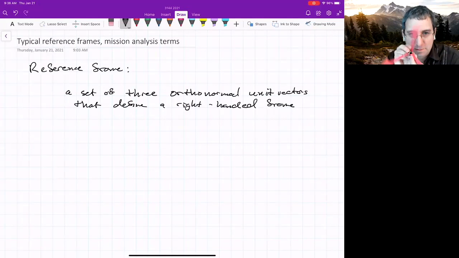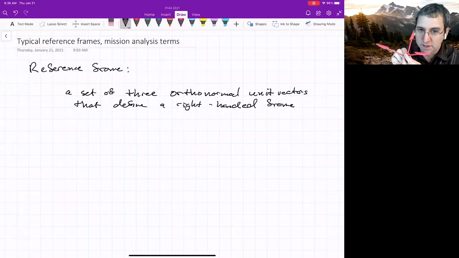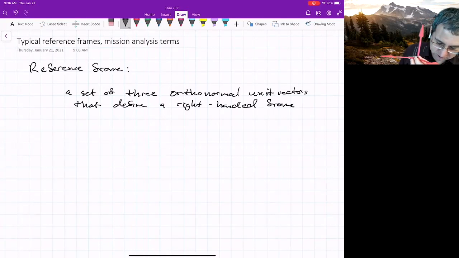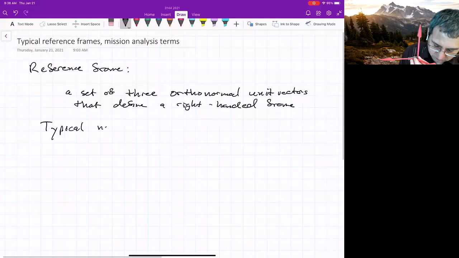If you look at the screen with me, a right-handed frame is one that obeys, if you've got two unit vectors, let me give some typical notation.